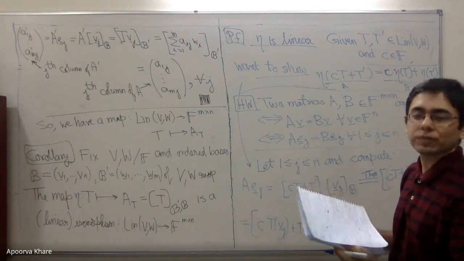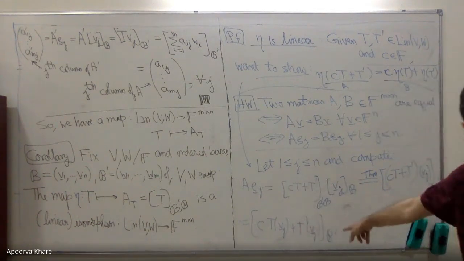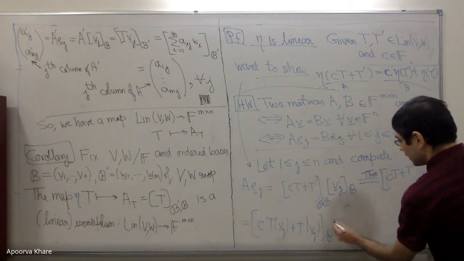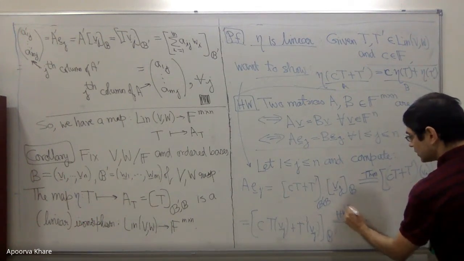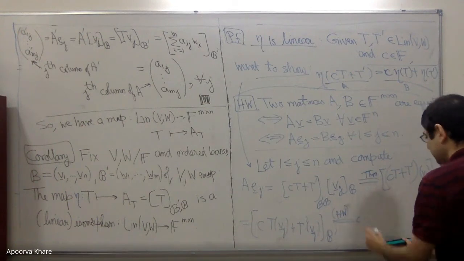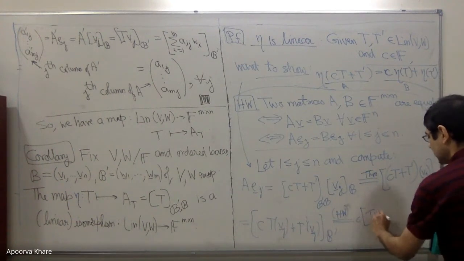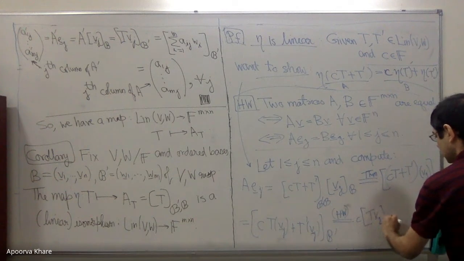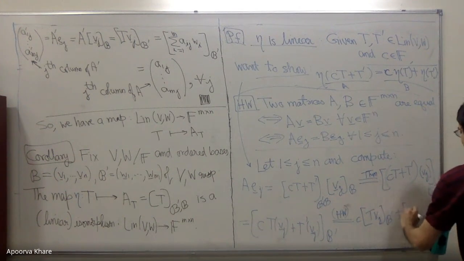That was the homework problem I gave you last time, right? So because it's a linear map, I can write down everything: C times T Vj plus T prime Vj.